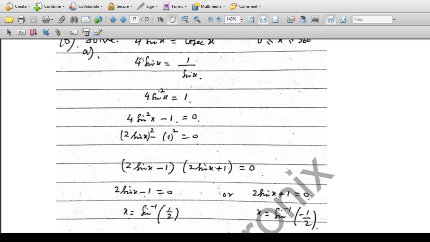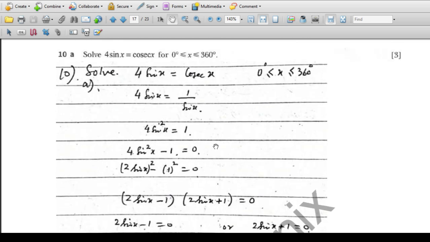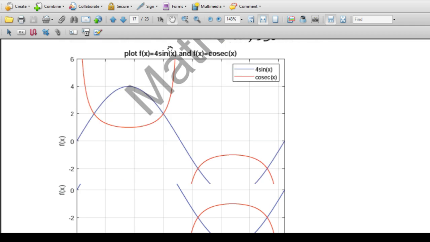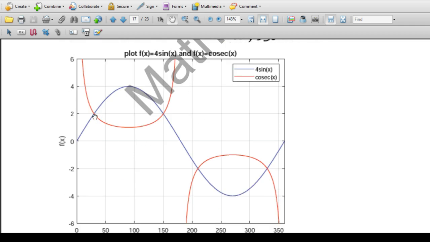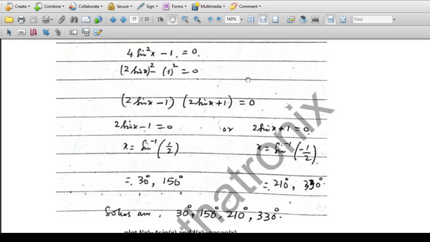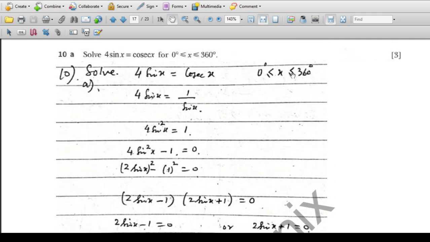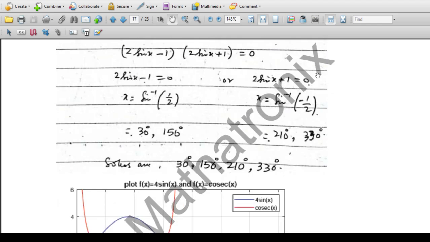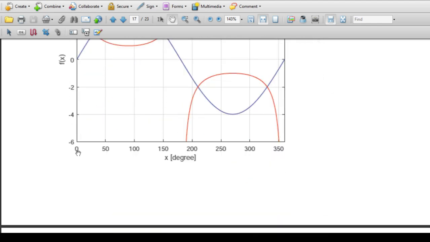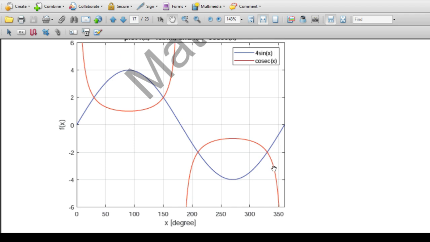Now this equation is very simple, so we can understand the number of solutions for this range of 0 to 360 degrees. Here we have plotted the value of x or theta for 0 to 360 degrees, and we can see that the number of intersecting points are our solutions.